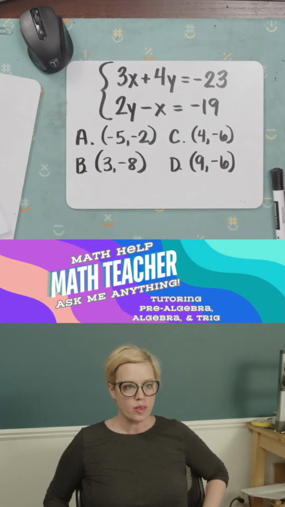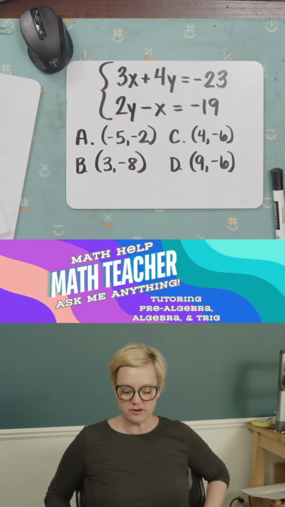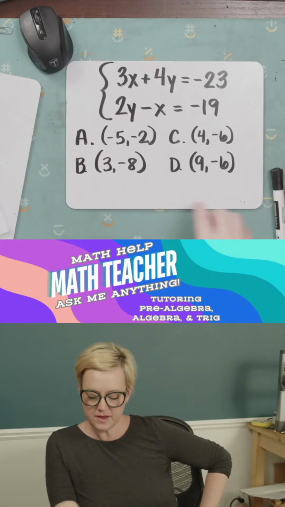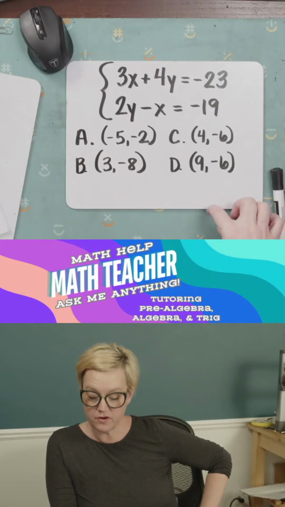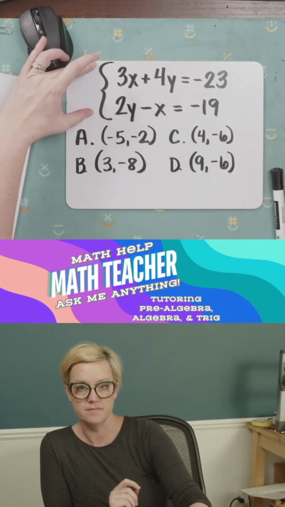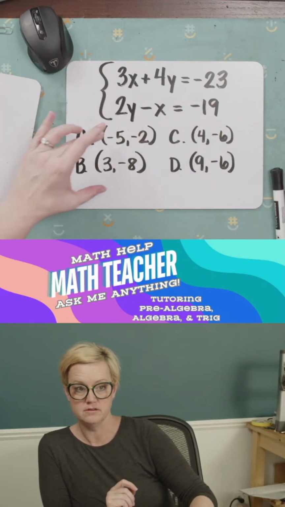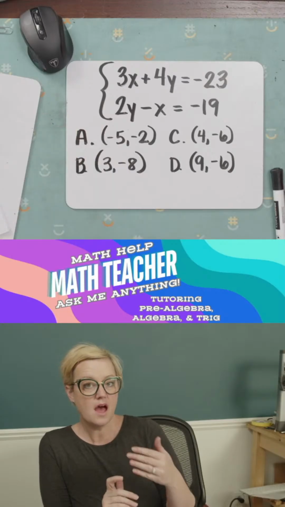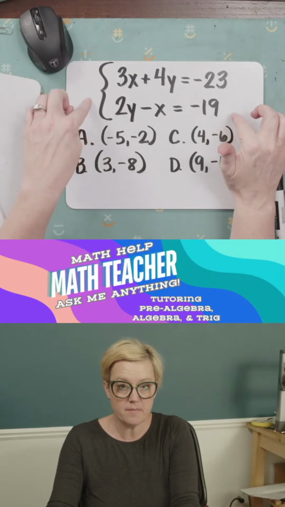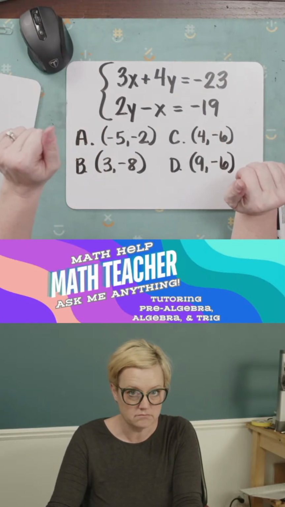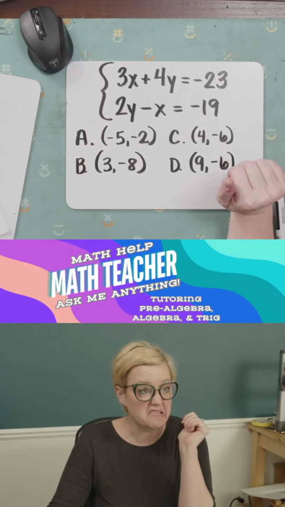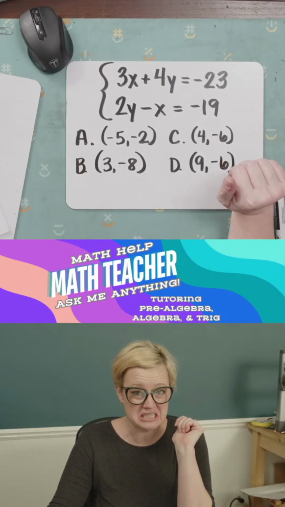So when it's multiple choice, you've got 2 options. Number 1 is to solve the system and then find your answer among these. The other option is to use these answers and plug them in to see which ones work. For this one, it's kind of a mess.